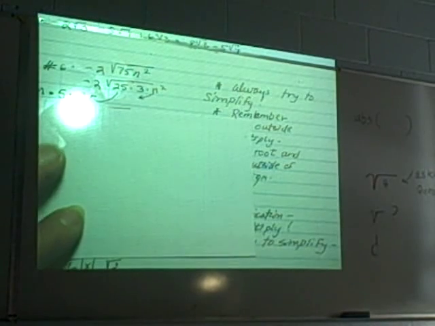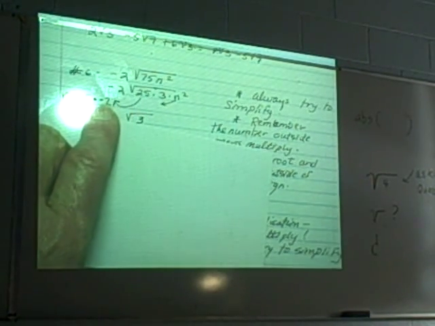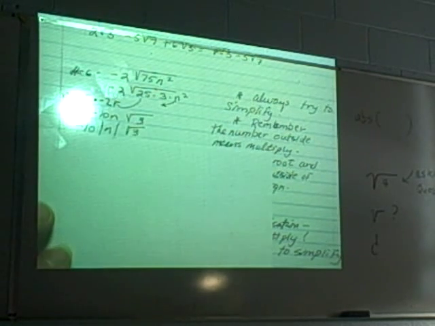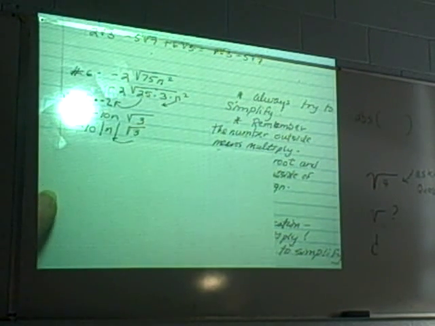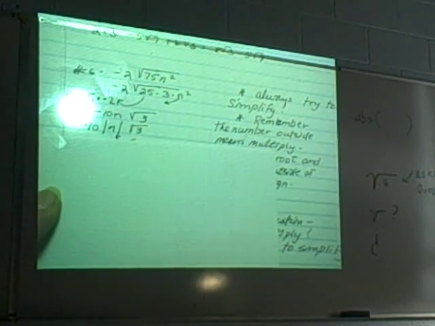Okay? So the 5 is going to come out, and that -2 is there, and then I ask myself, well, what is the square root of n squared? N. So the n comes out. So everything that comes out gets simplified, and I have a -10 n times rad 3.